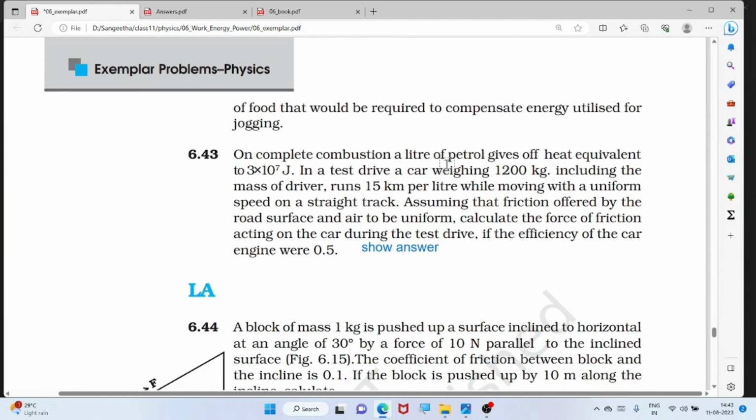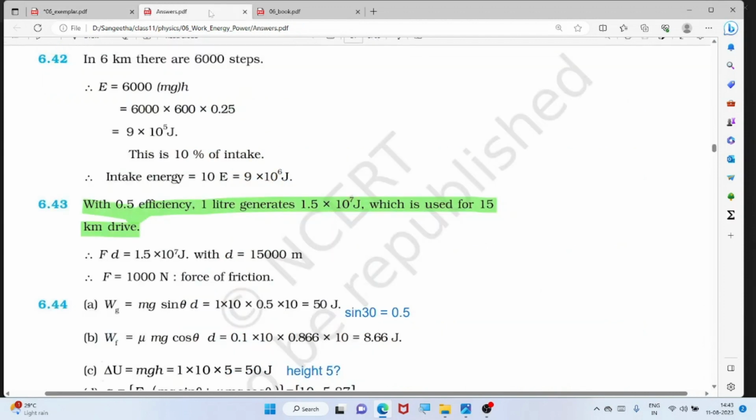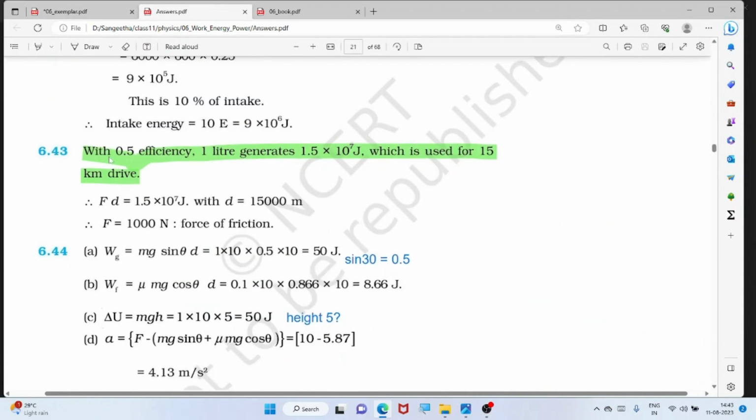And complete combustion of this petrol goes off. Test track, including the mass of the car. Here the efficiency of the car engine is this much. So here 0.5 efficiency means 1 liter into this much is used.